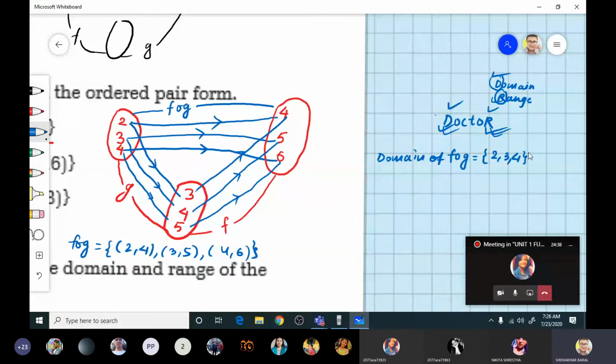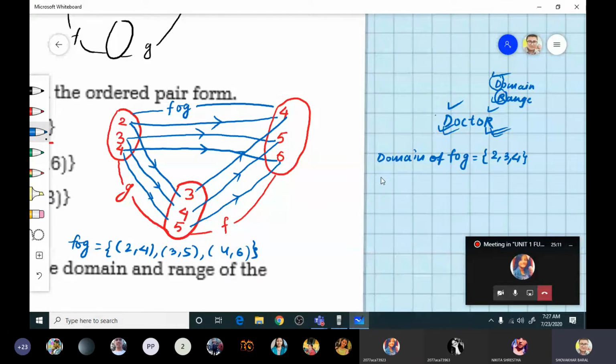I want you to remember one thing more here. In a set, there is no repetition of the elements. Be careful with these things. Even if there are elements getting repeated in the ordered pairs while drawing this mapping diagram, don't repeat the elements, just write each element only once.